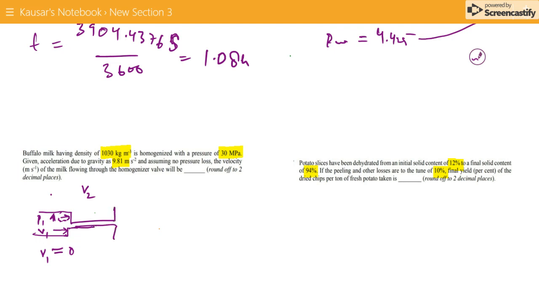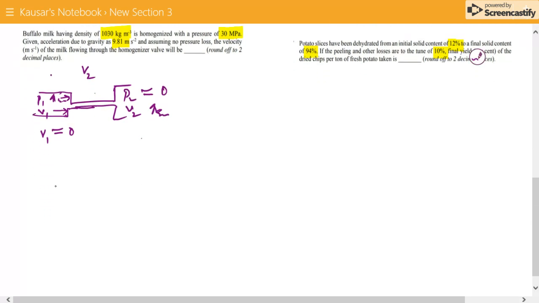But when it moves out of this, the pressure P2 approximately becomes 0, and V2 increases, and it is very high.